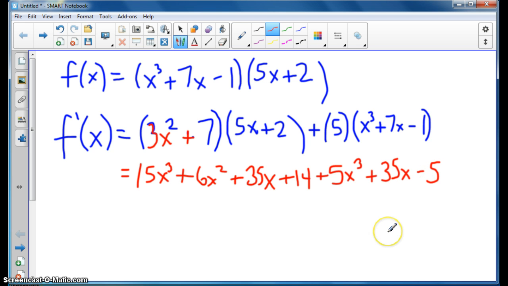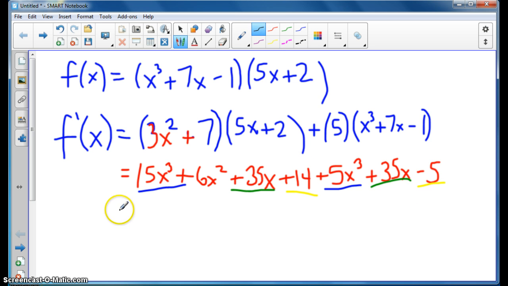So now all we have to do is combine our like terms. So we've got a 15x cubed and a 5x cubed. We've got a 35x and a 35x. And we've got a 14 and a negative 5.